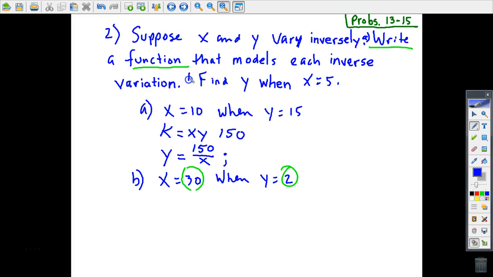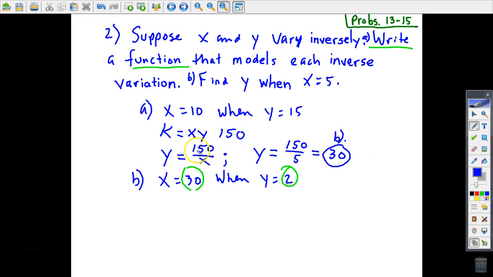Now answer part B is this sentence: find out what y is if we substitute 5 in for x in this function that you just wrote. Well, that's pretty easy. If I substitute in 5 for x, I'm basically simplifying this fraction, and my answer, part B, is 30.